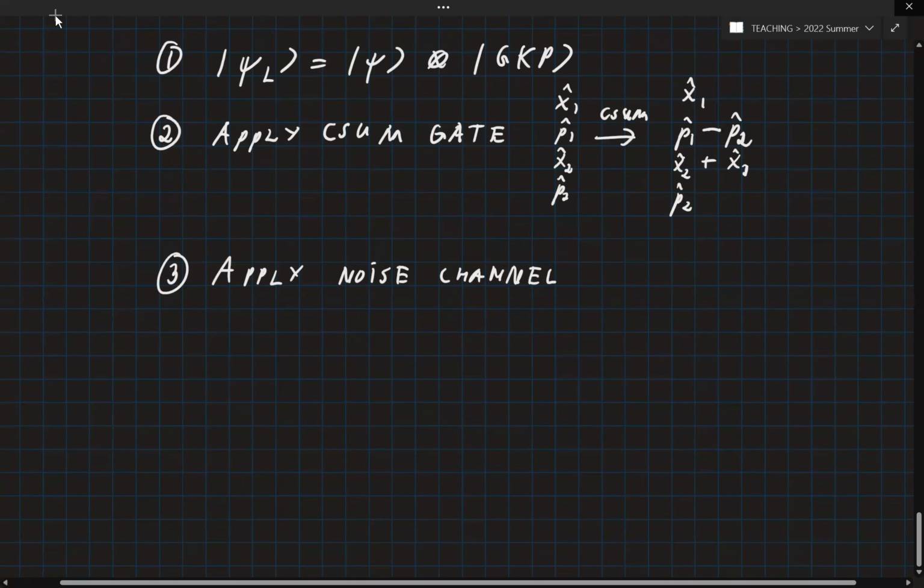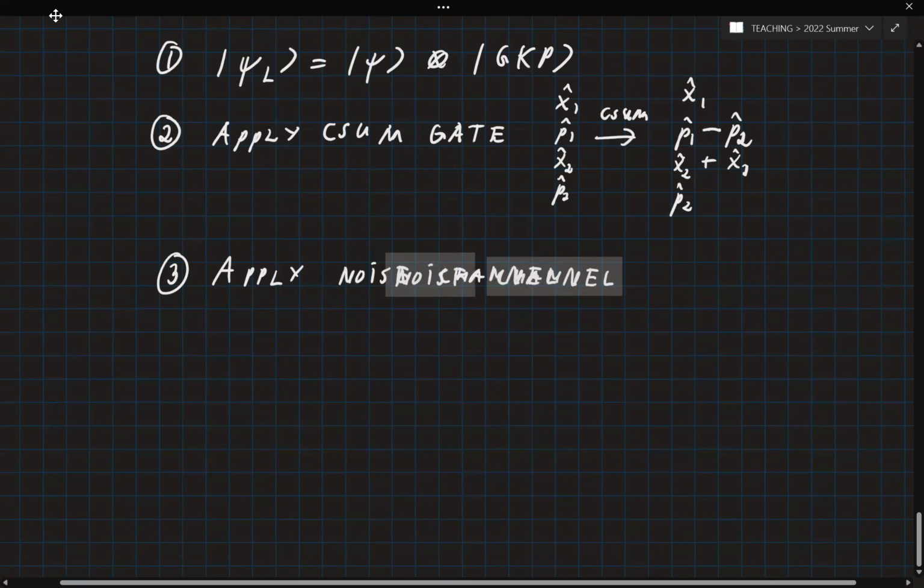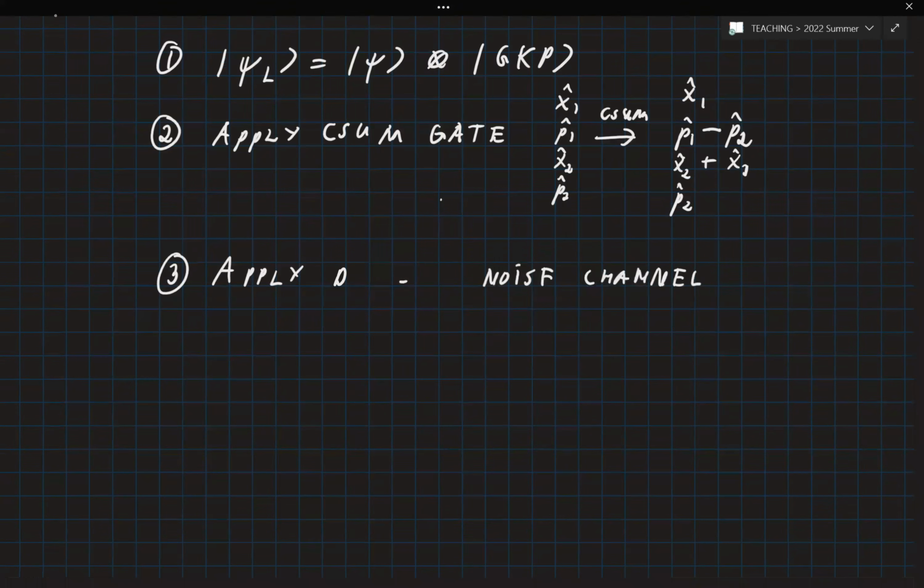And the noise channel we're going to consider with these codes is the displacement noise channel, which induces small shifts in all the quadratures.